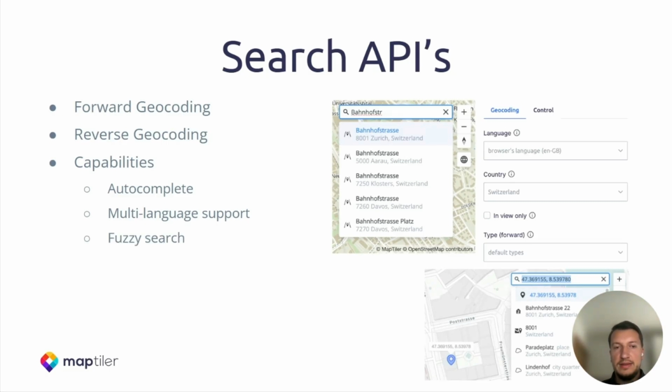It doesn't make sense to provide different results if you make a small typo and so on. So our geocoding is robust. We also support filters based on bounding box or country, and we support different types. By types, we mean we support countries, municipalities, addresses, and so on.